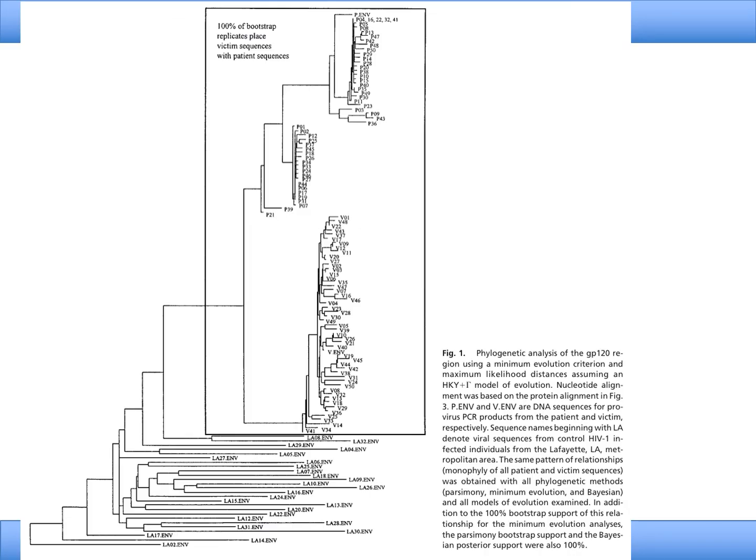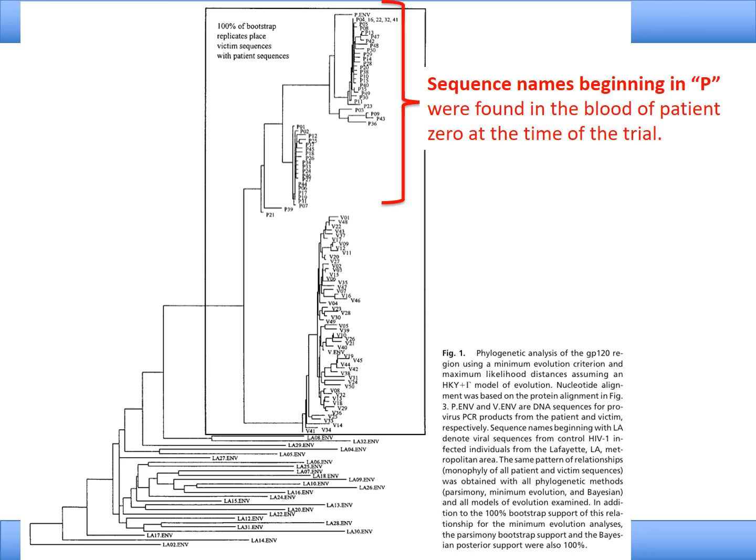Here's what the actual cladogram presented at that trial looked like. Let me explain what you're seeing here, because it looks like a mess at first, but we can break it down. All of these sequences with names that begin with P were found in the blood work of patient 0, the patient whose blood had gone missing.